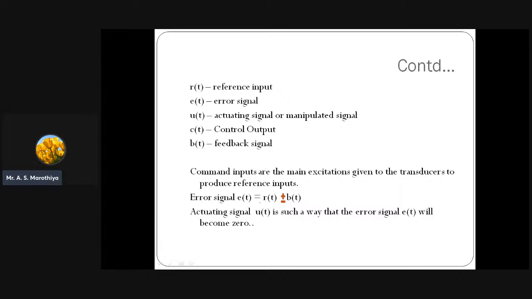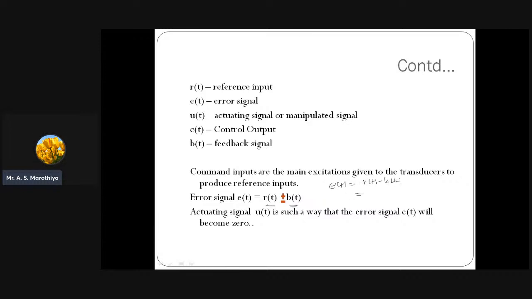Finally, we can write the relationship between the reference input signal and the feedback signal: the error signal is R of t plus or minus B of t. When to take plus and when to take minus depends upon the sense of the feedback path. If we are dealing with a negative feedback signal, the error signal is R of t minus B of t.